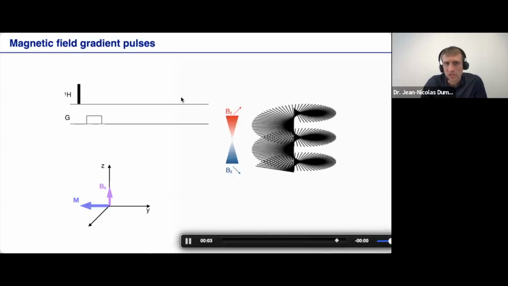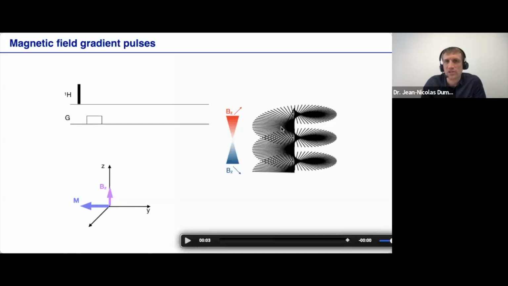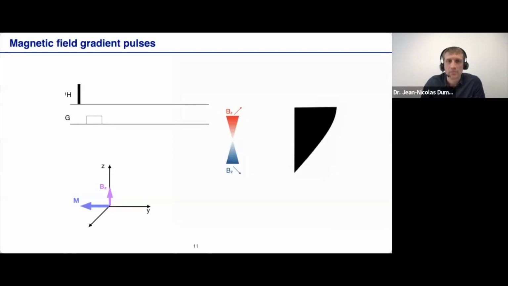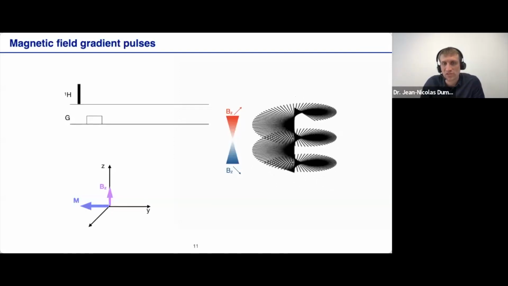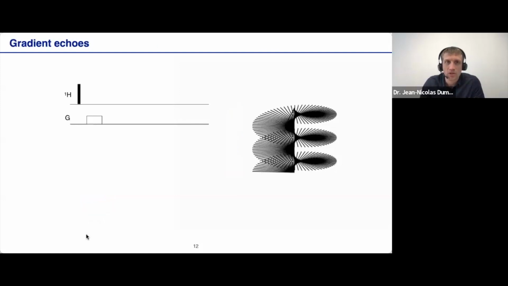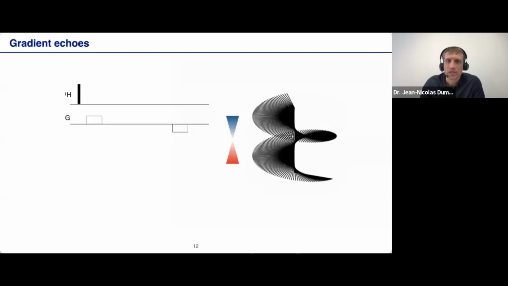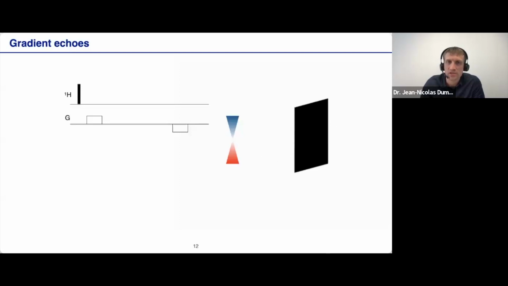One can see that the spins start to precess at a frequency that depends on their position. As a result, a magnetization helix is formed under the effect of the gradient pulse. One important property of this helix is that it can be undone by the application of a second gradient pulse of opposite sign and identical duration. If one applies such a gradient pulse at a later time, the magnetization will precess in the opposite sense, and so the spins will return to their initial position.